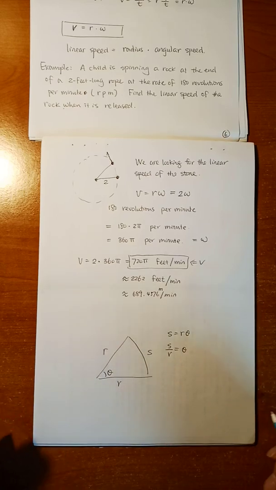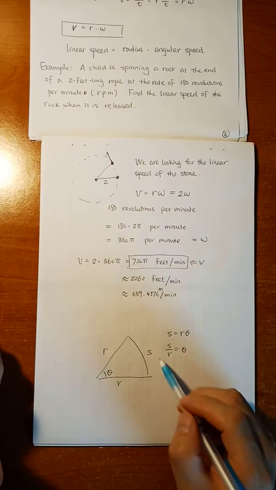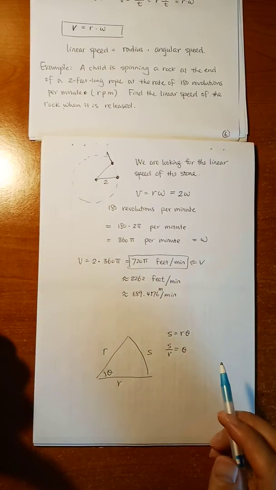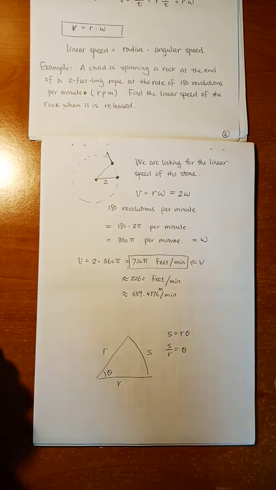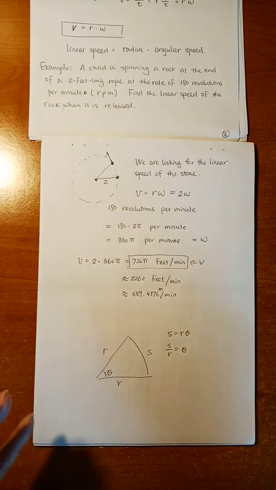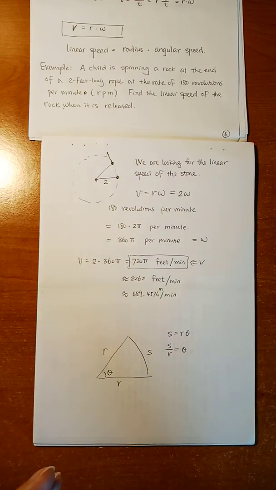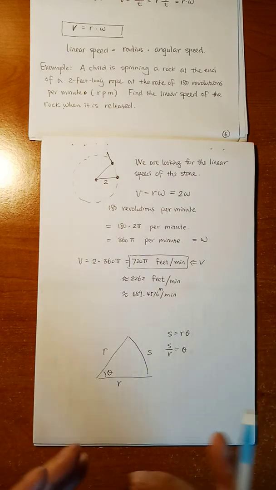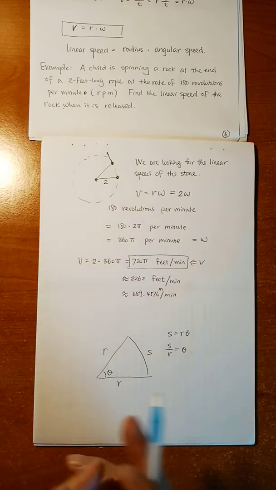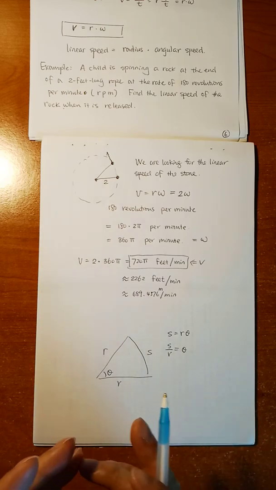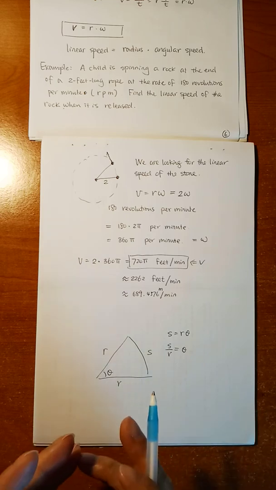So radian must be used when you connect angle with arc length, area of sectors, and linear speed and angular speed.